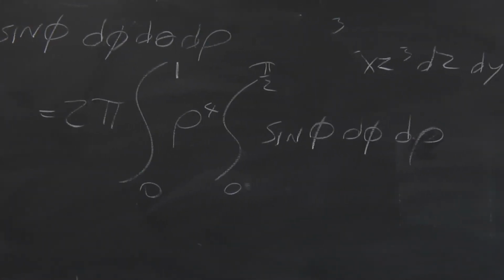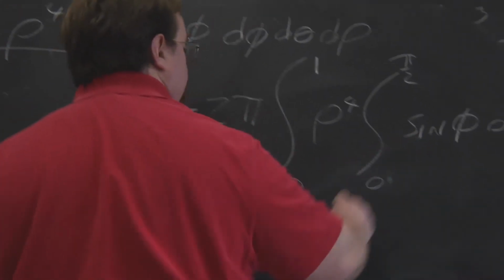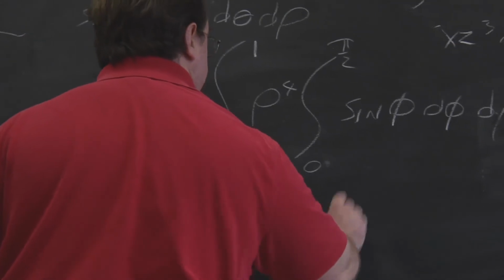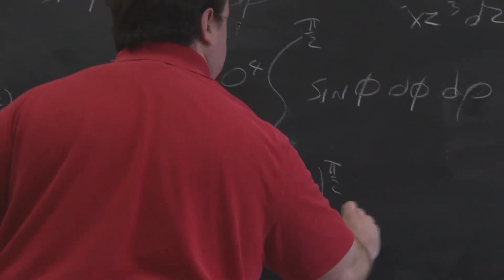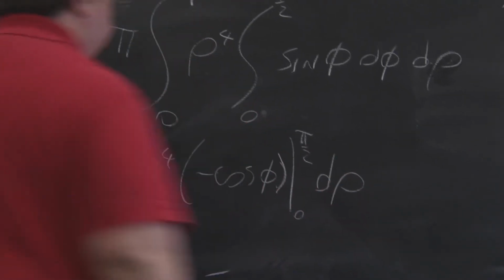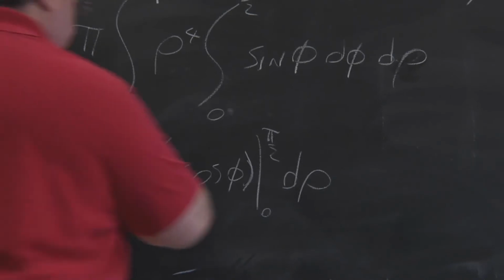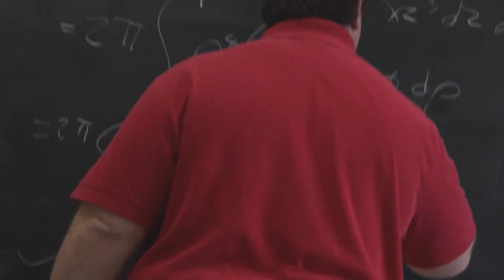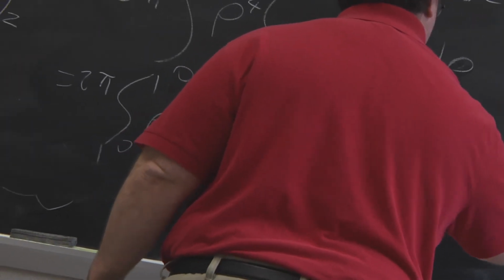All right, so now we can go ahead and integrate this. We're going to have minus cosine phi from 0 to pi over 2, d rho. So we plug in the limits, and this whole thing is going to turn out to be 1. So we have 2 pi rho to the 4th d rho.